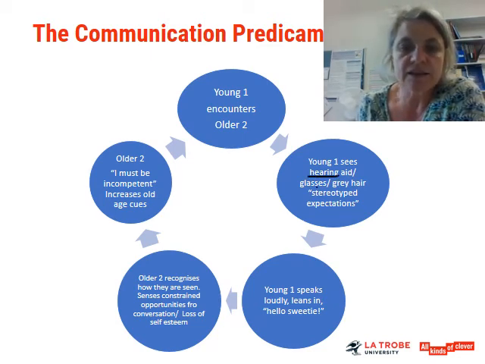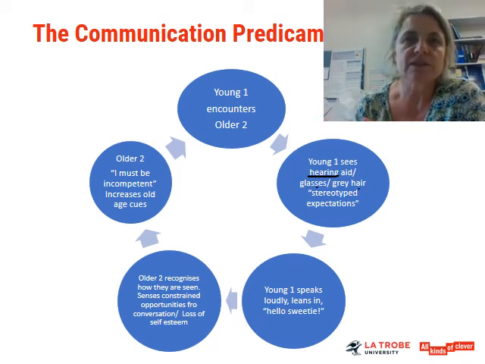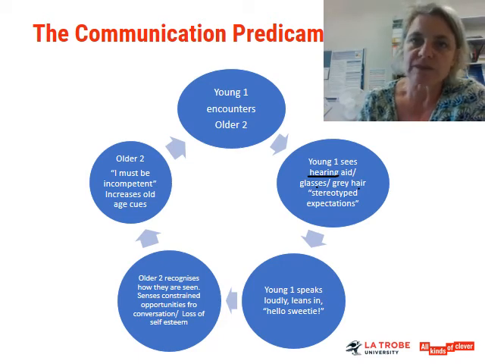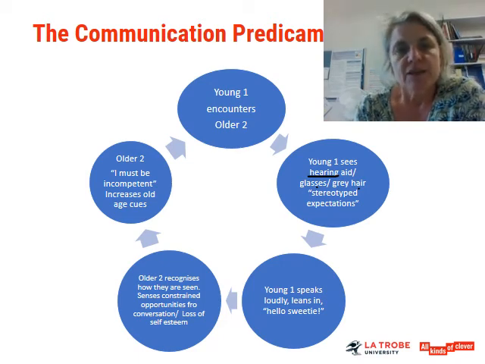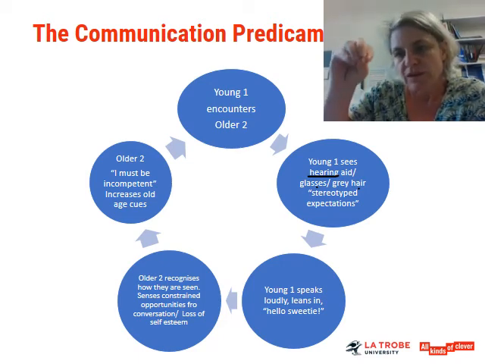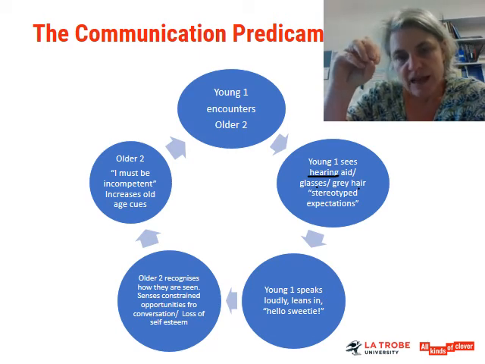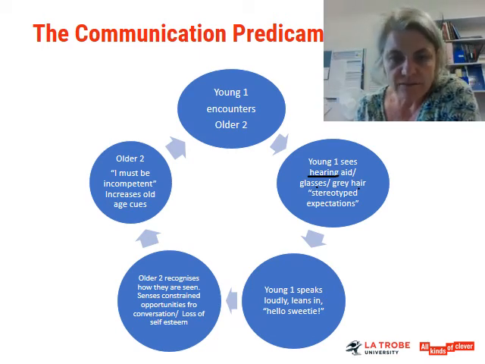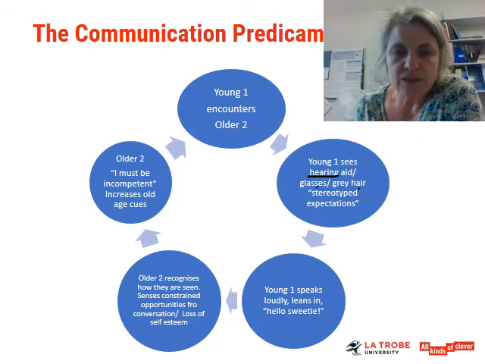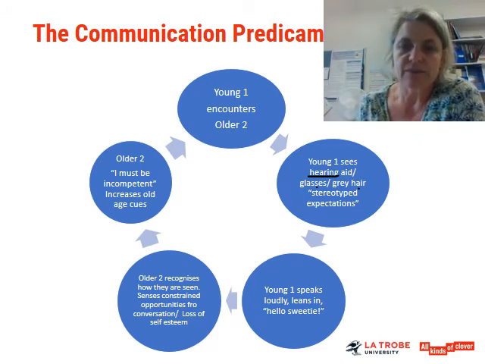They might have glasses, they might have grey hair, all these signals that tell you that this person is older. In the communication predicament model, what these researchers say happens is that the young one starts to over-accommodate and starts to make stereotyped expectations of the older person.